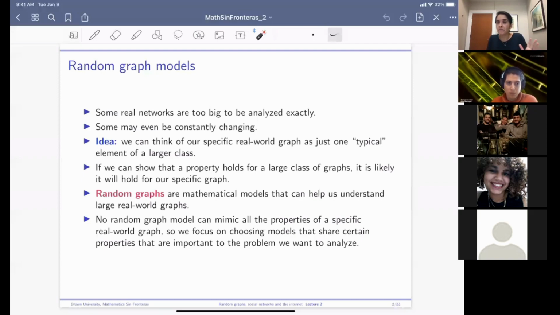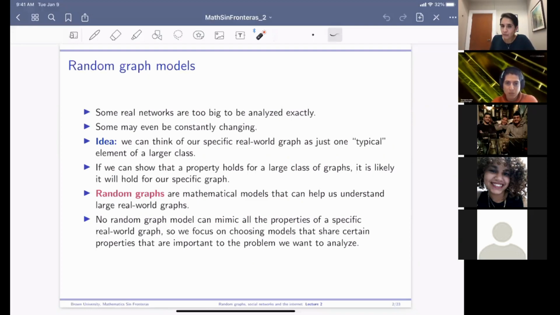So you would think of the Facebook graph right now as just one element from a model that I'm going to pick. Maybe the Facebook graph tomorrow is going to be another sample of that same model, but a little bit different from the one today.